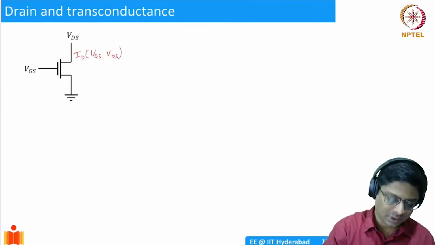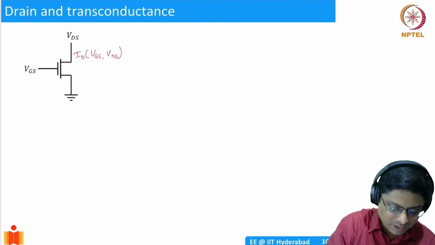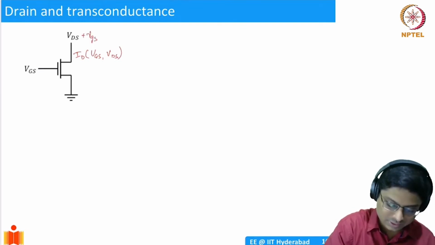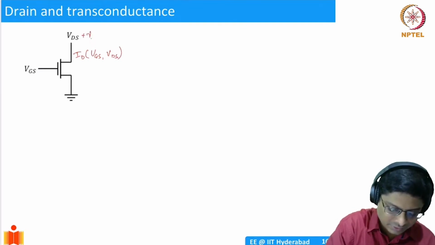So for example, I can apply a small AC signal on VDS. Similarly here, I can apply a small AC signal of VGS. Okay, so this is the AC signal.